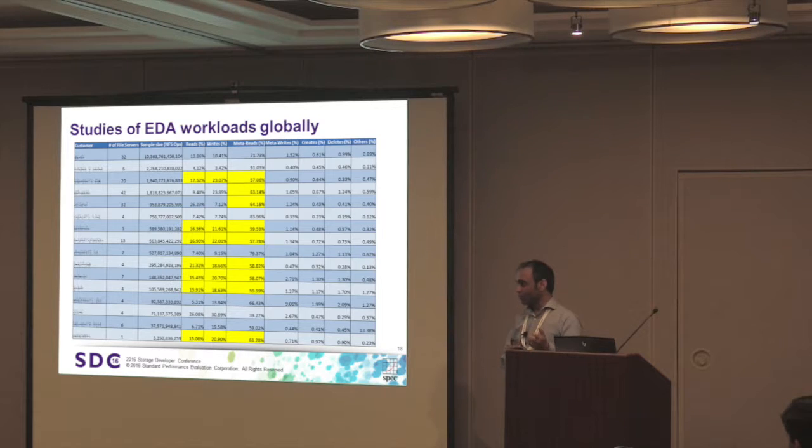Software is becoming more and more of a necessity along with the hardware, so a lot of these EDA shops have a lot of software builds as well. When you factor that in, it increases the metadata reads. So a lot of these metadata reads that are at 83%, 91%, those are shops that have a blend of hardware and software engineering workflows mixed on their NAS system.